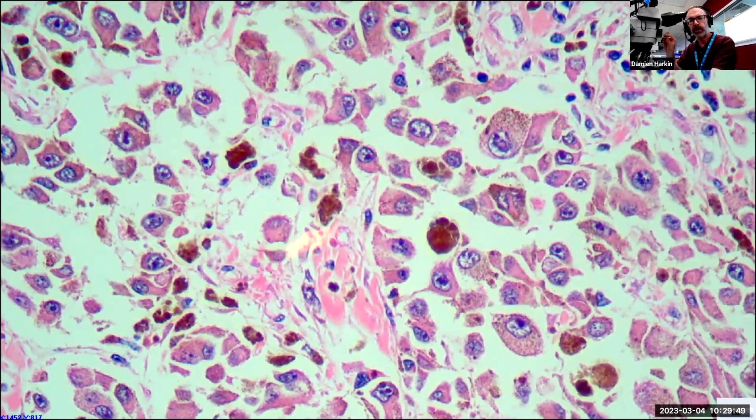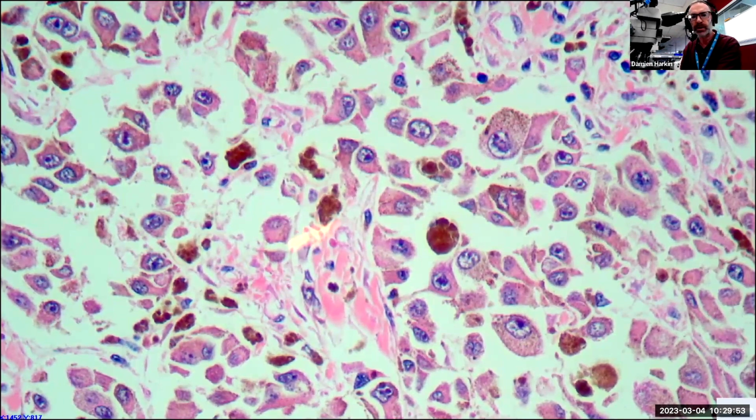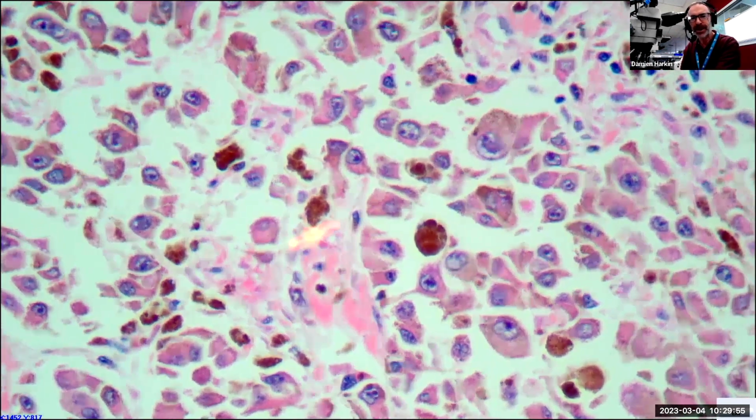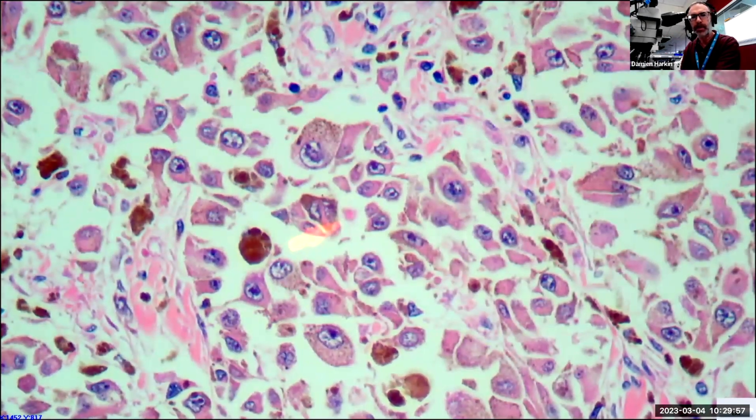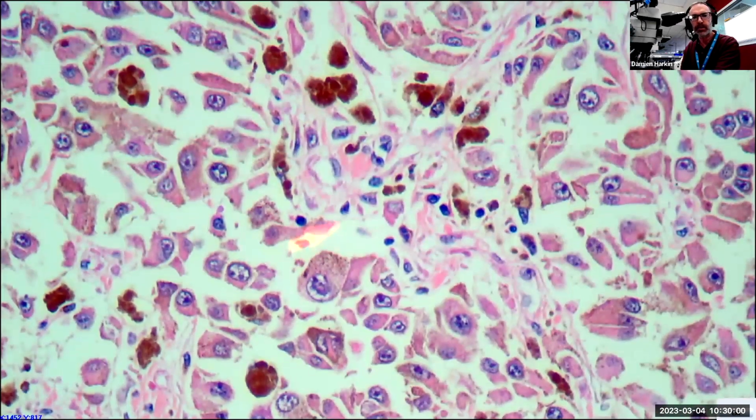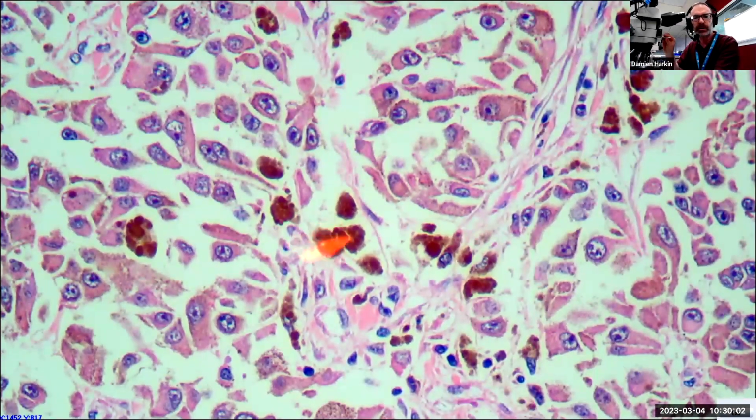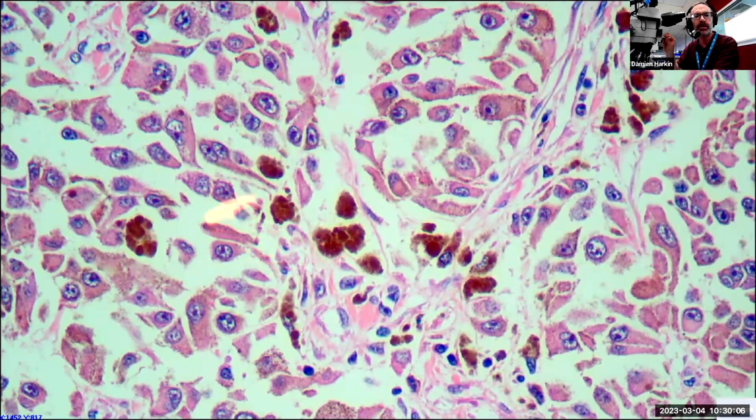To be honest, it's a little bit difficult to see a nucleus to associate with a cell. But with experience, we can see here there's more of this globular looking material within the cytoplasm, we just can't see the nuclei very well.